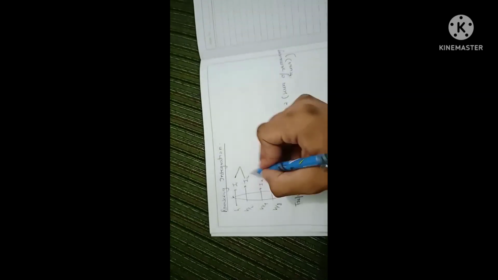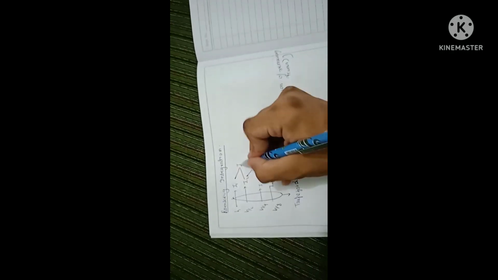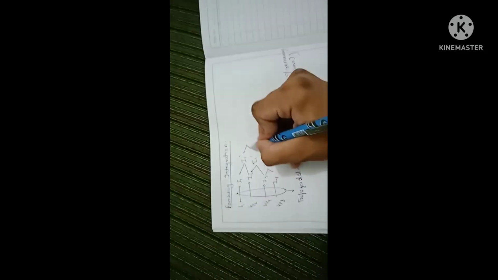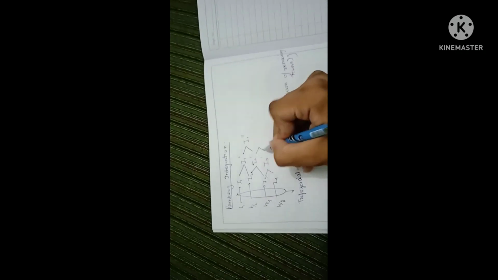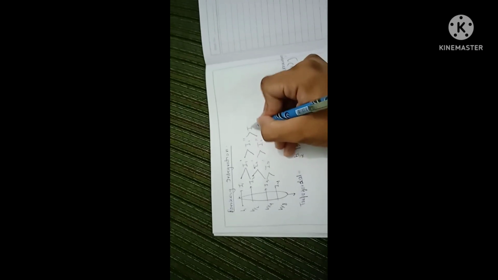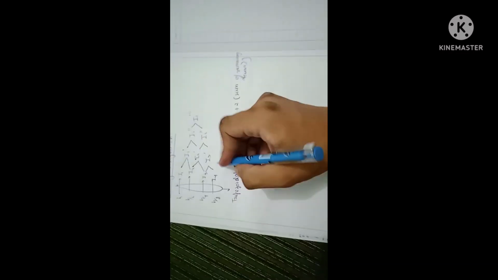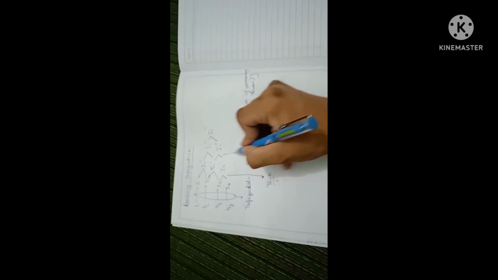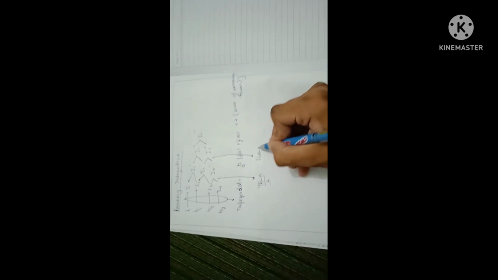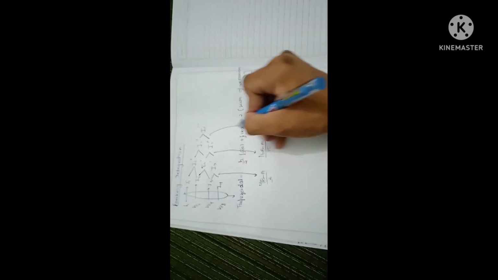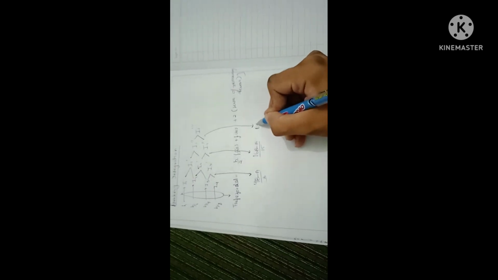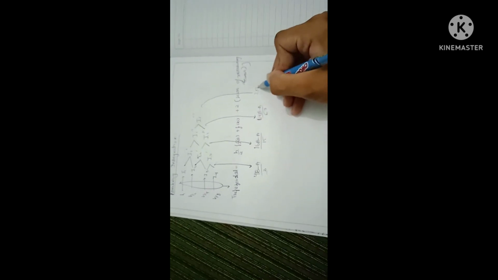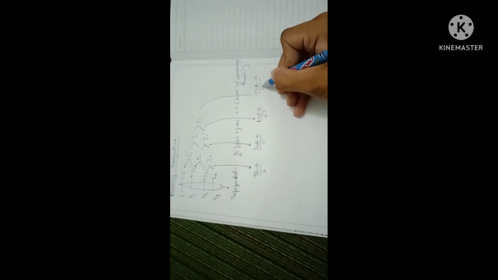And we will find this I1 dash, I2 dash, I3 dash, and I1 double dash, I2 double dash, and I1 triple dash. Now for this we have 4b minus a upon 3. For this we have 16b minus a upon 15. For this we have 64b minus a upon 63, and for this we have 256b minus a upon 255.